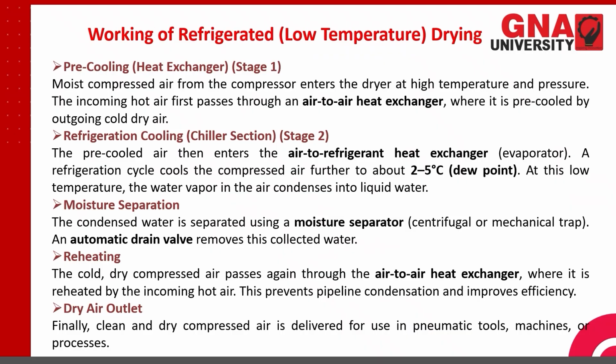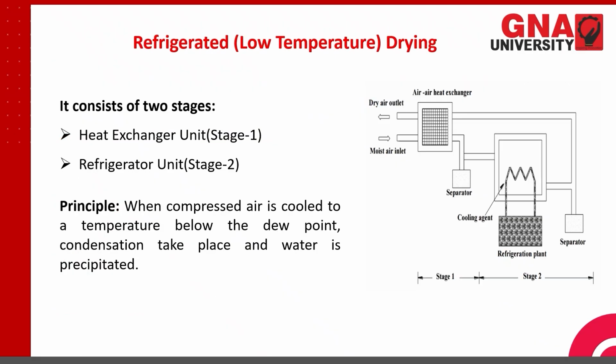The moist compressed air from the compressor enters the dryer at high temperature and pressure. The incoming air is first passed to the air-to-air heat exchanger, where it is pre-cooled by the outgoing cold air. Now we see the figure. Here we have the moist air inlet.